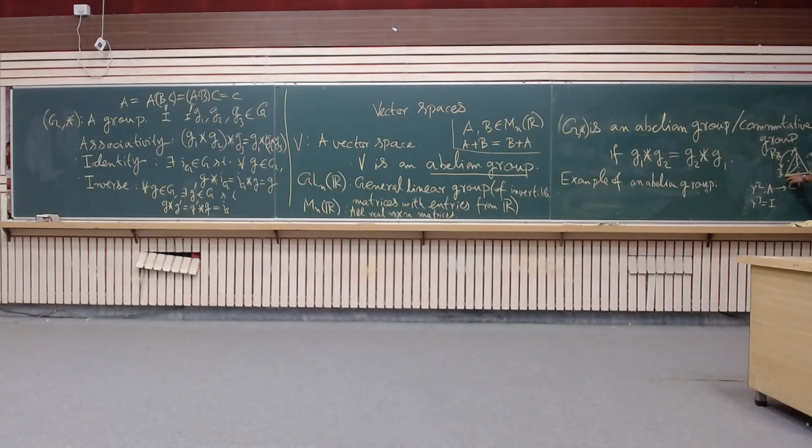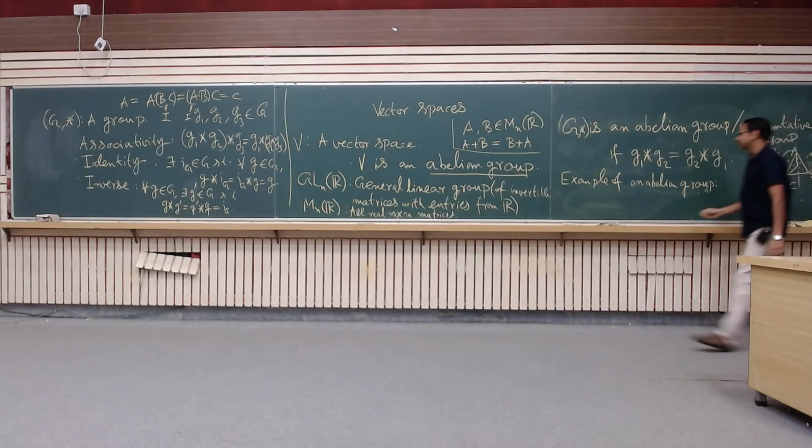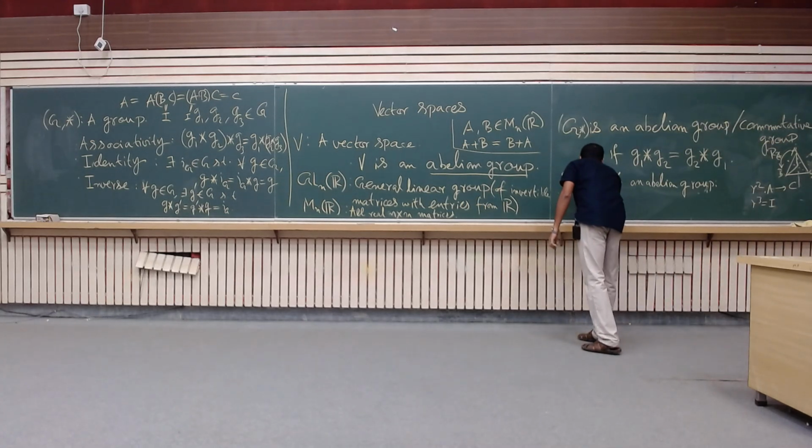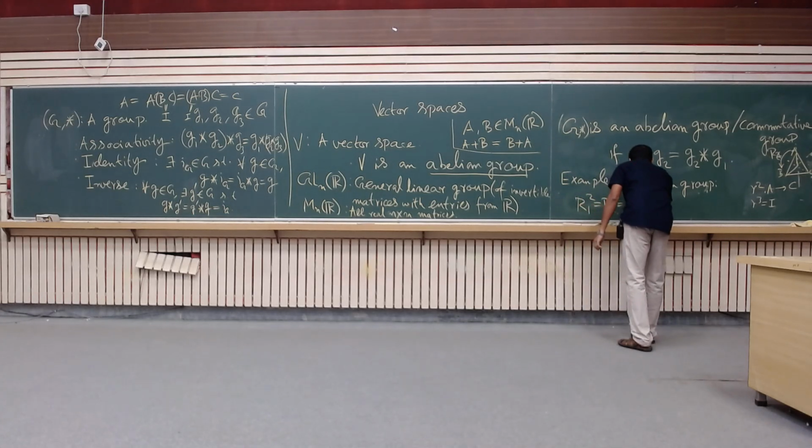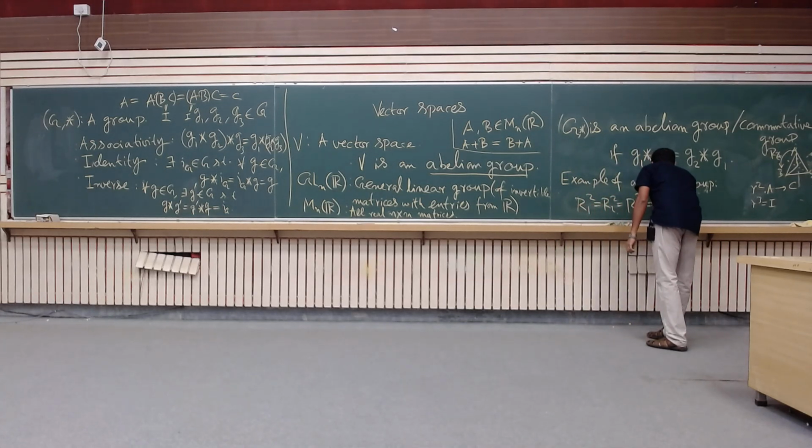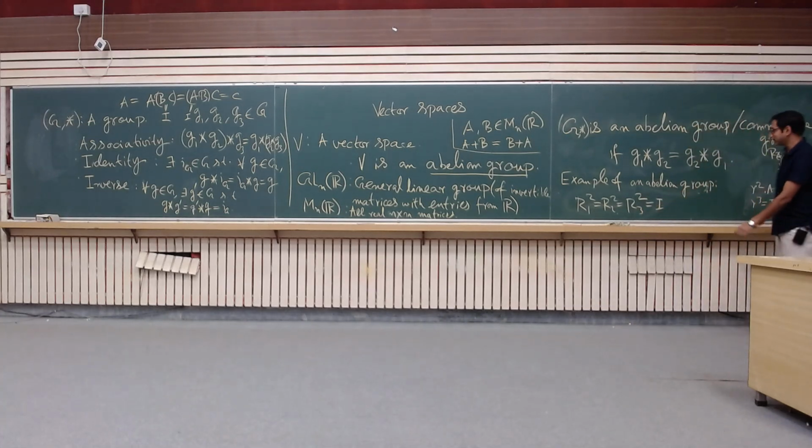So C comes back to the original position of C, and A goes back to the original position of A. So for each of these reflections, we get that R1 squared equals R2 squared equals R3 squared equals identity. Repeat any reflection twice, and there is no change to the original picture.